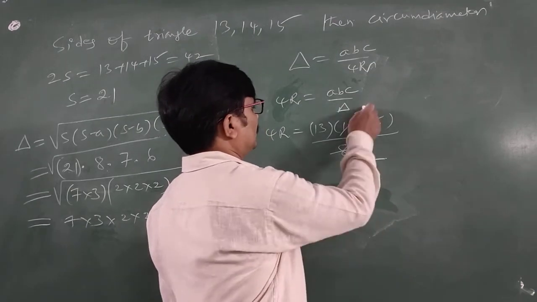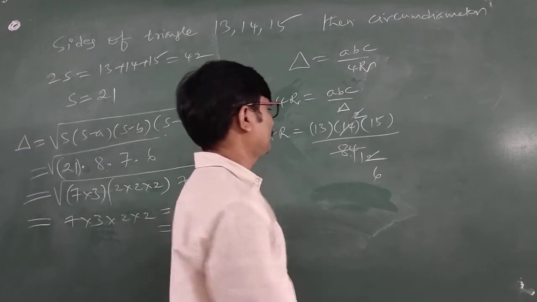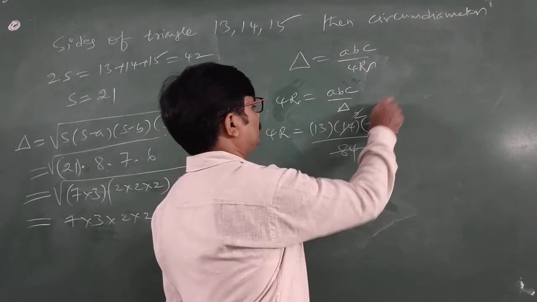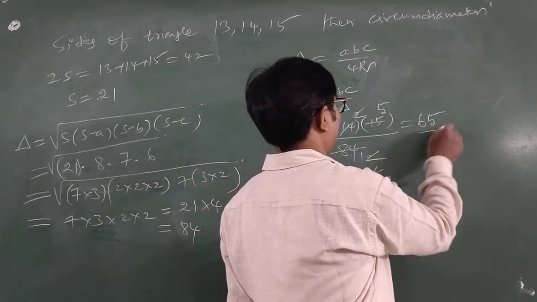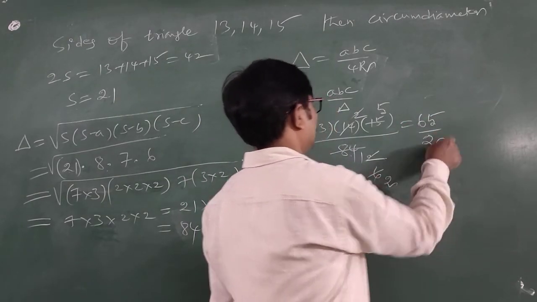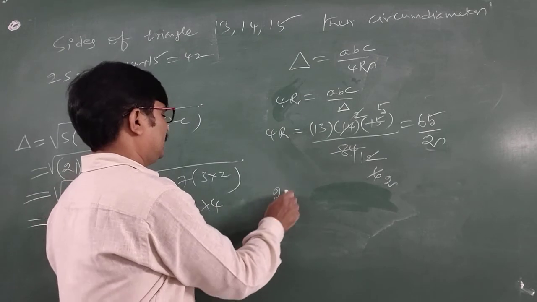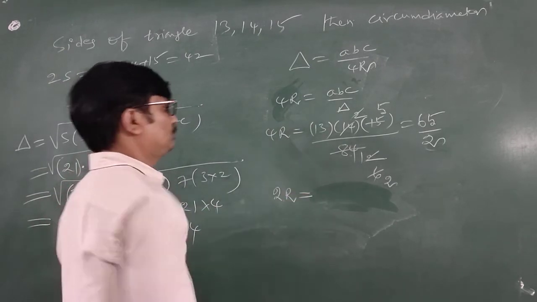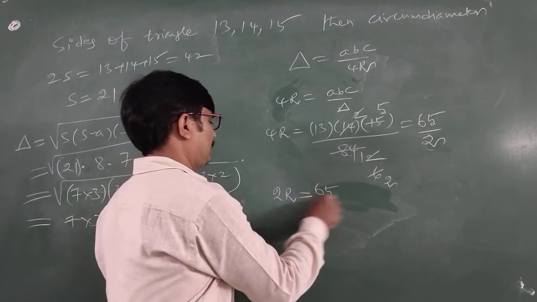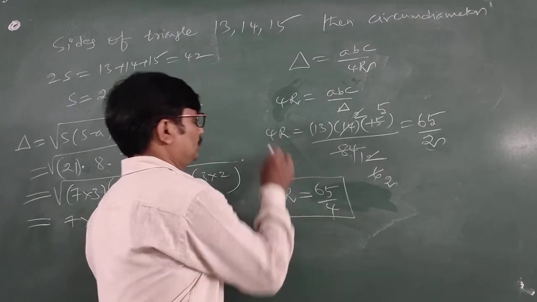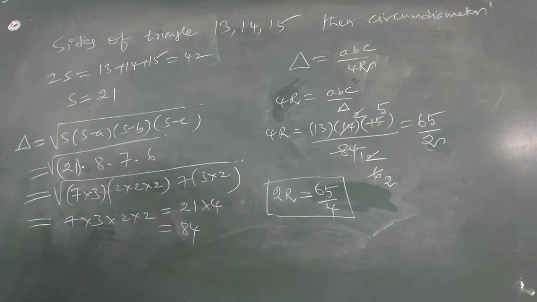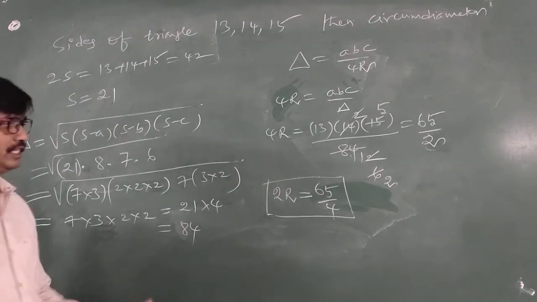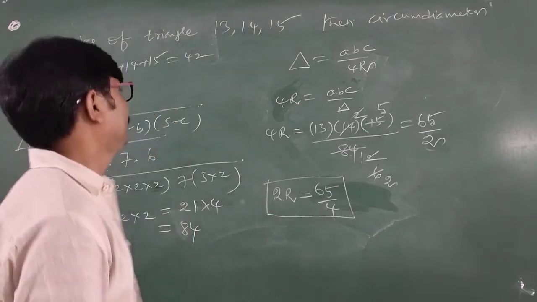Now 2 ones are 2, 6 twos, after that 3 fives, 3 twos. We got 65 by 2. So students, we want diameter, so divided by 2, that is 65 by 4 with the 2 sent to the other side. 65 by 4 is the circumdiameter. Okay students, 65 by 4 is the circumdiameter.